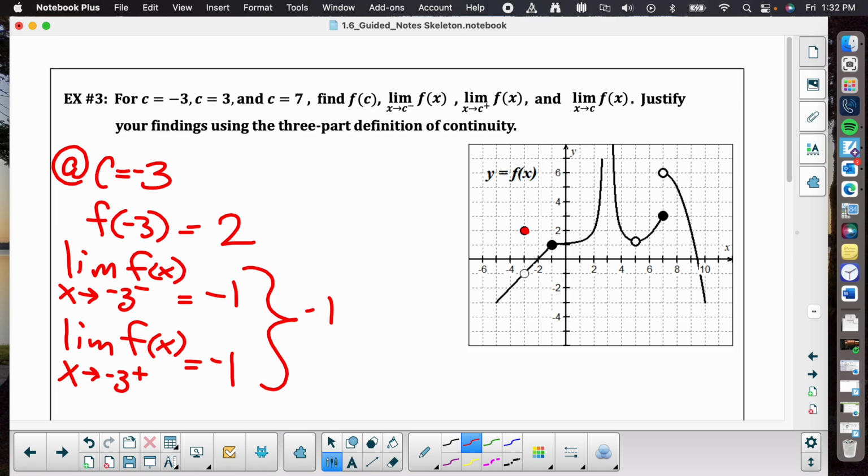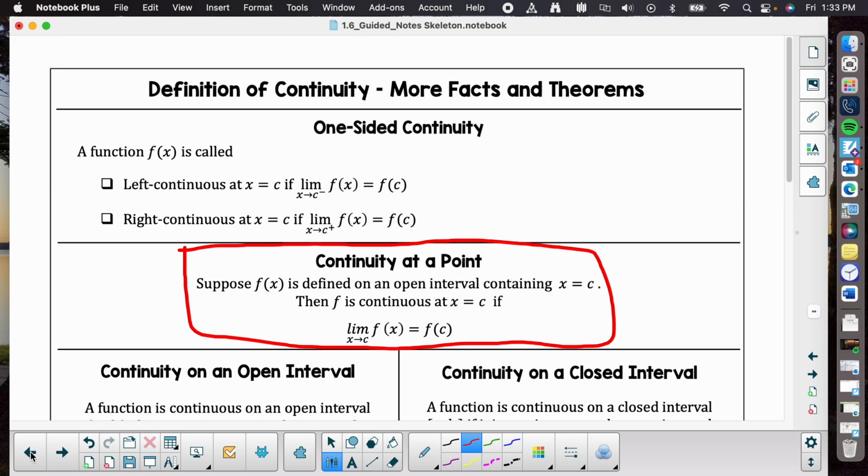Is it continuous at -3? No. Looking at the picture, it's definitely not. There's a hole. Let me phrase it differently: what do we need to have happen to make it continuous at one spot? The limit has to be the same as the function value.